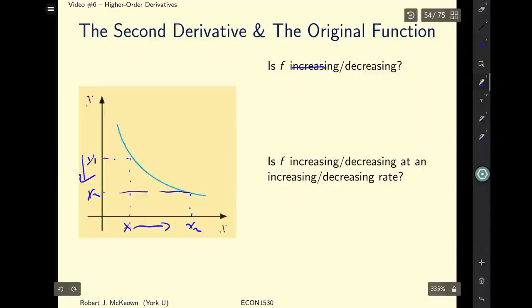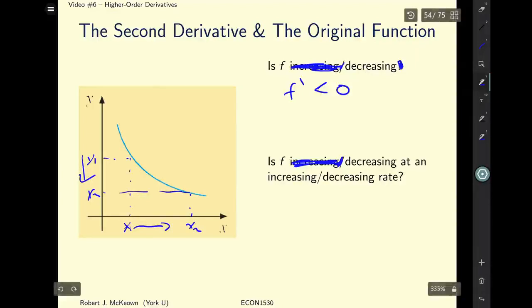Or maybe I'll just scratch out the incorrect one. So f is decreasing, and we know that f prime is less than 0. And I can get rid of this one as well. Is f decreasing at an increasing or decreasing rate?